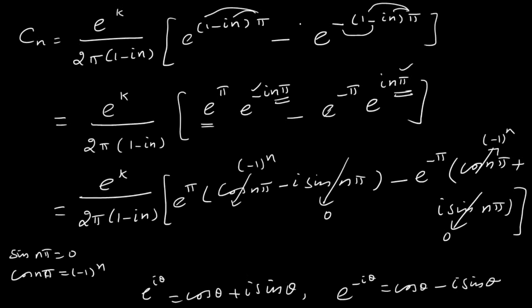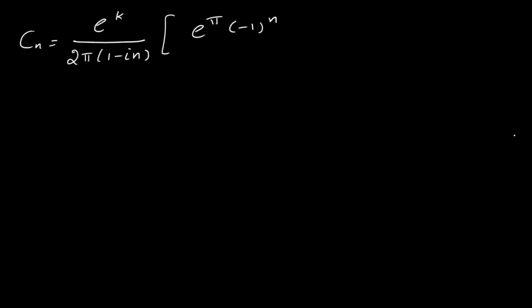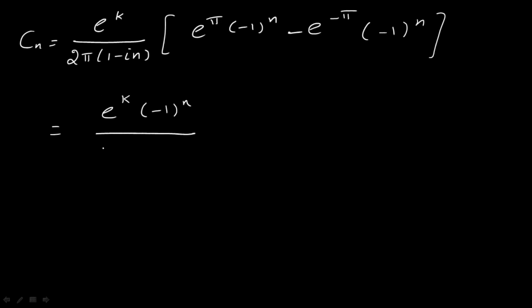Then coming to the second term, minus e power minus pi is in product with minus 1 whole power n, isn't it? So minus e power minus pi times minus 1 whole power n. So minus 1 whole power n is a common term, take it outside. So e power k times minus 1 whole power n over 2 pi of 1 minus in. Within the bracket you have only e power pi minus e power minus pi.